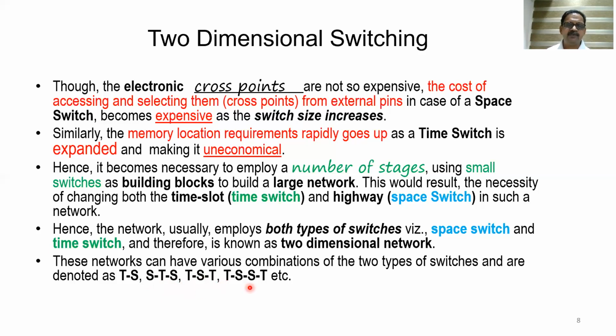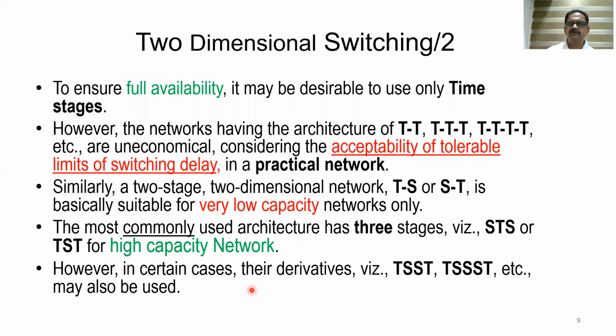And you can have something like this also, TSST. Here input is time, output also time. In between there are two space stages. So this is all in a nutshell about two-dimensional switching. Further we will discuss the same concept of two-dimensional switching.